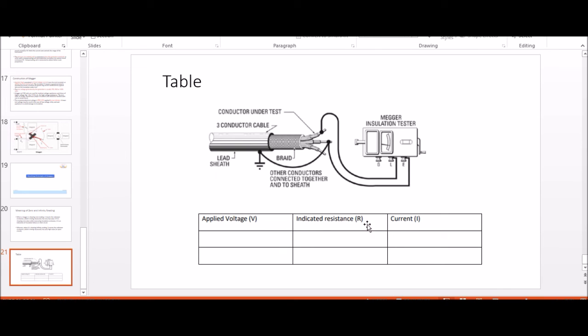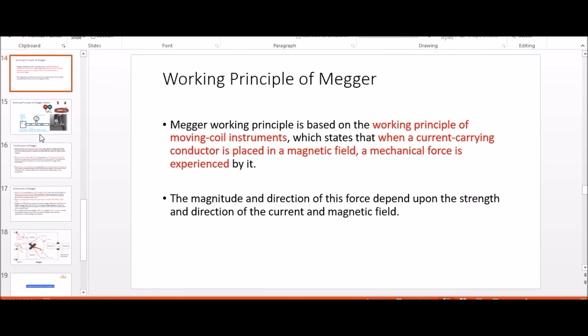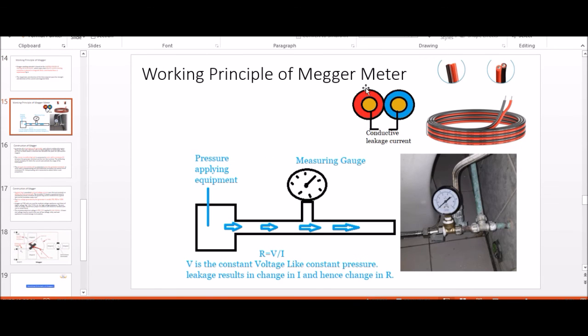You can roughly estimate the current flowing between these two sets of insulation, this is actually very less. So yes, that specific current which is flowing between your insulation is actually conductive leakage current.